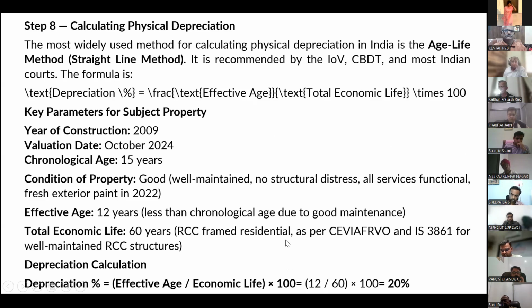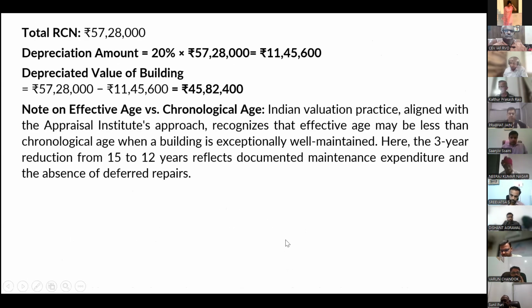So it is 12 upon 60 into 100, 20%. So depreciation is 20%. So replacement cost new of the building is 57,28,000. Depreciation amount is 20% of 57,28,000, 11,45,600. So depreciated value of the building.